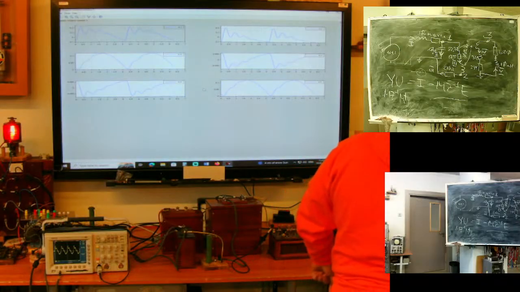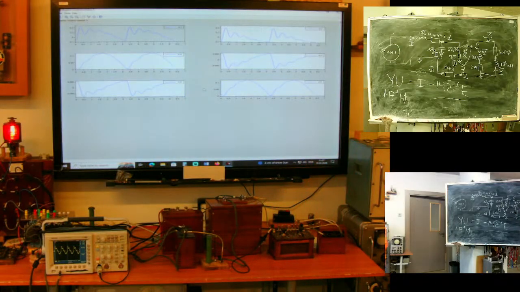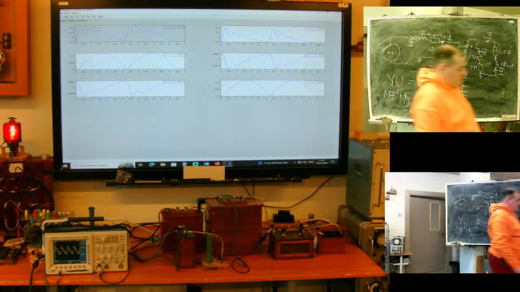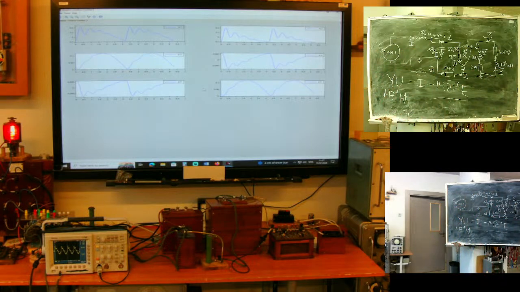That's how current should look like. I need a second, really. Current sensor.